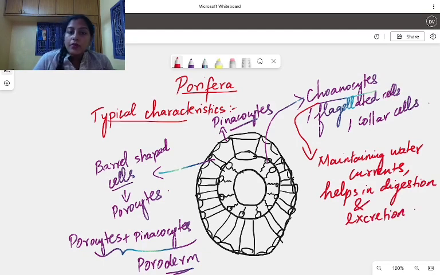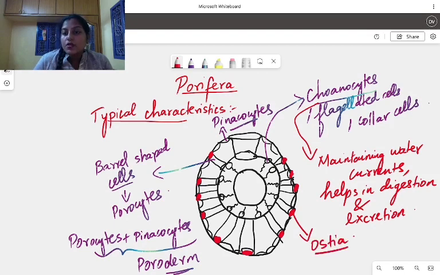Okay, and one more thing, these holes of the porocyte which you see right at the sides, I'm highlighting with the red color. As you all can see, this opening at the sides is called ostia.